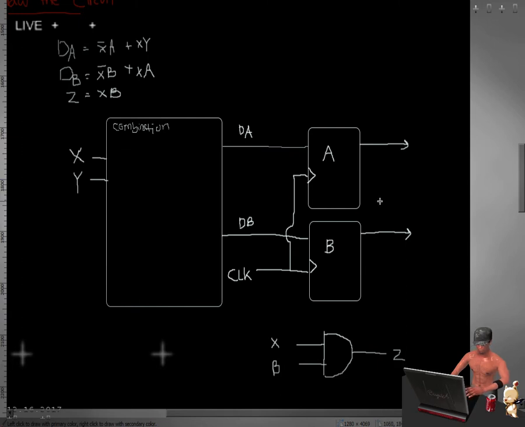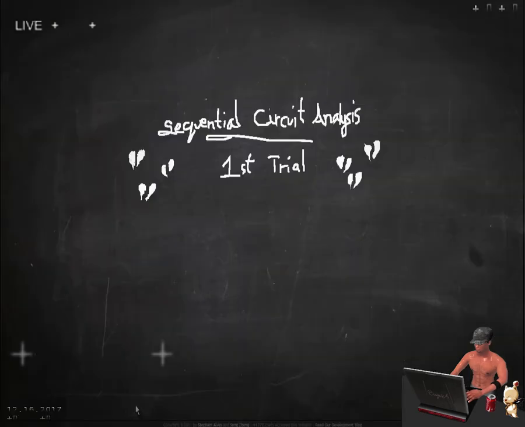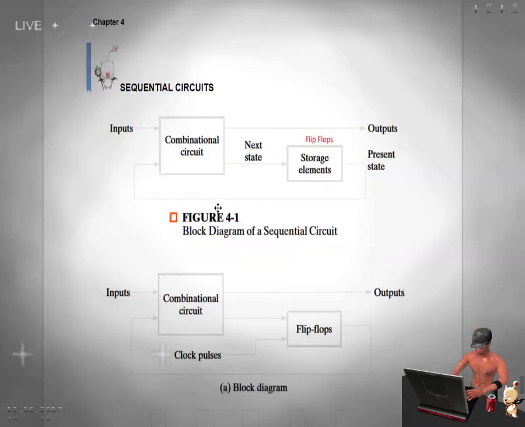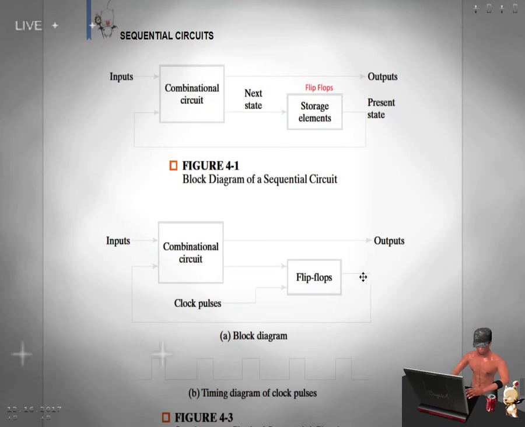Okay, by the way, the present state, the next state actually, if we look at the diagram, we want to make sure this is right. Comes out of the flip-flops. So it's actually X in the next state, the present state, and the next state.